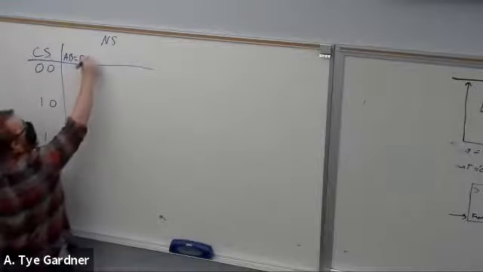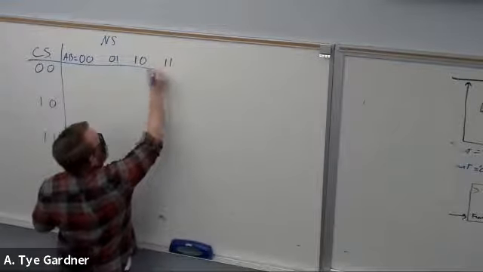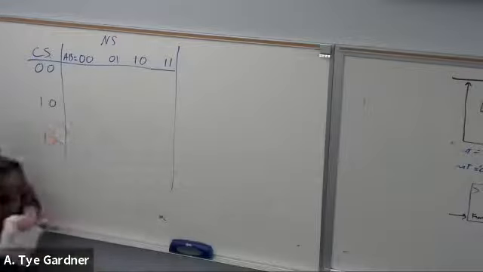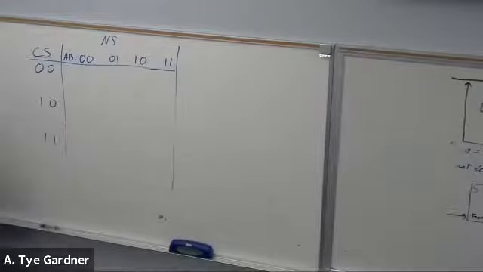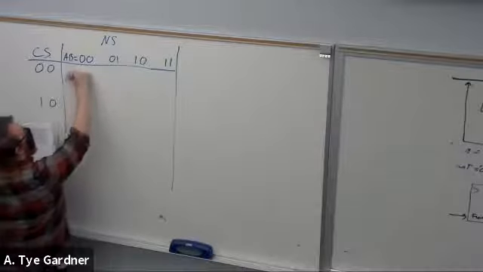So I have 00, 01, 10, 11. And then we just answer the question, where do we go based on where I am and what that input is? So, I'm just going to fill up an example table here.